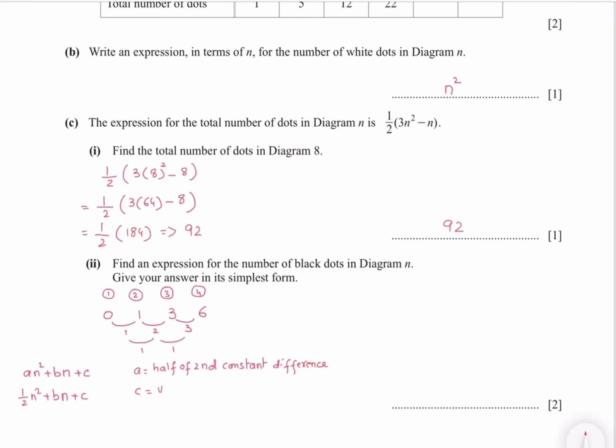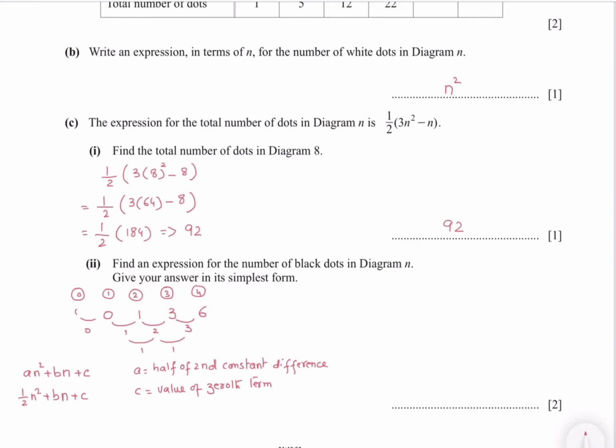Now c equals the value of the zeroth term. What is the zeroth term? Before 1 you write 0 in the n terms. So read it backward. 6 minus 3 gives you 3. 3 minus 2 gives you 1. 1 minus 1 gives you 0.